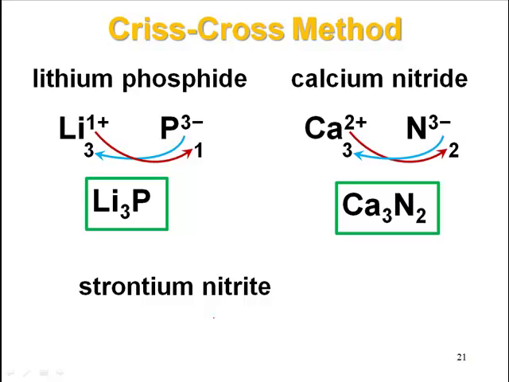The only time it doesn't work, when you pull out for ionic compounds, is when you need to simplify, if it's a whole number ratio that can be reduced. The formula unit is always the smallest whole number ratio. So it's awesome.